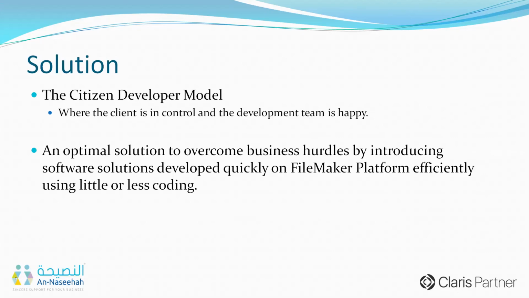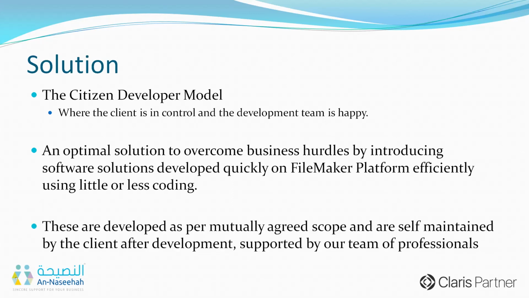So what did we do? We came up with a solution called the citizen developer model, where the client is always in control. We develop rapid software on FileMaker only when we agree with the client on a scope. There's a mutually agreed scope where we discuss and decide what is required, and then we share an estimate of time for how long it would take to develop.